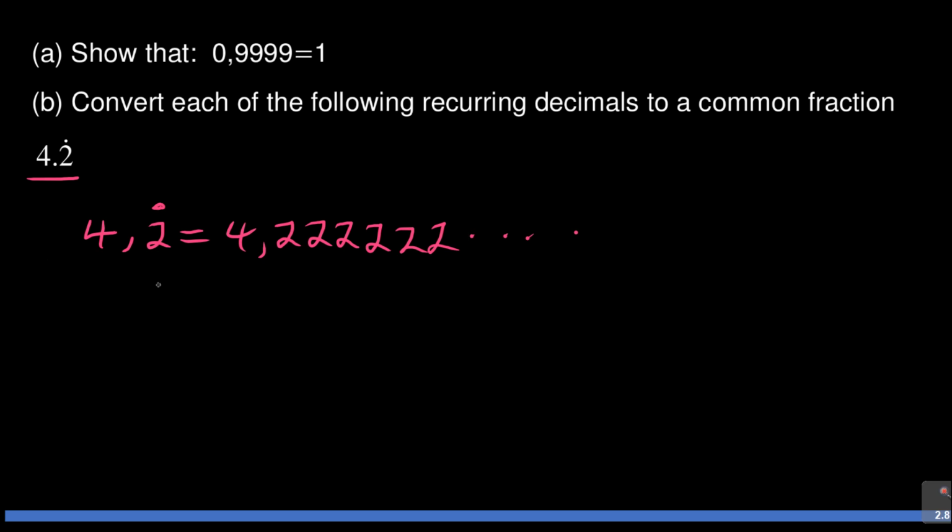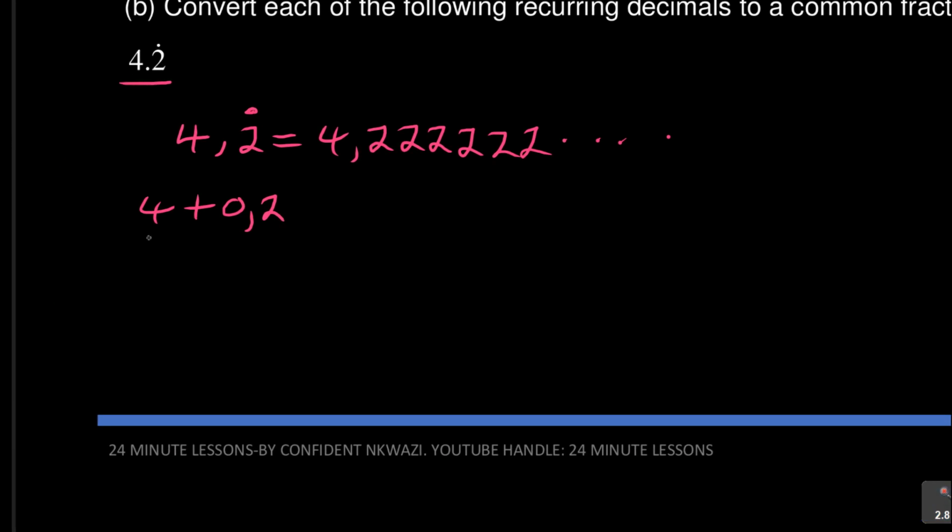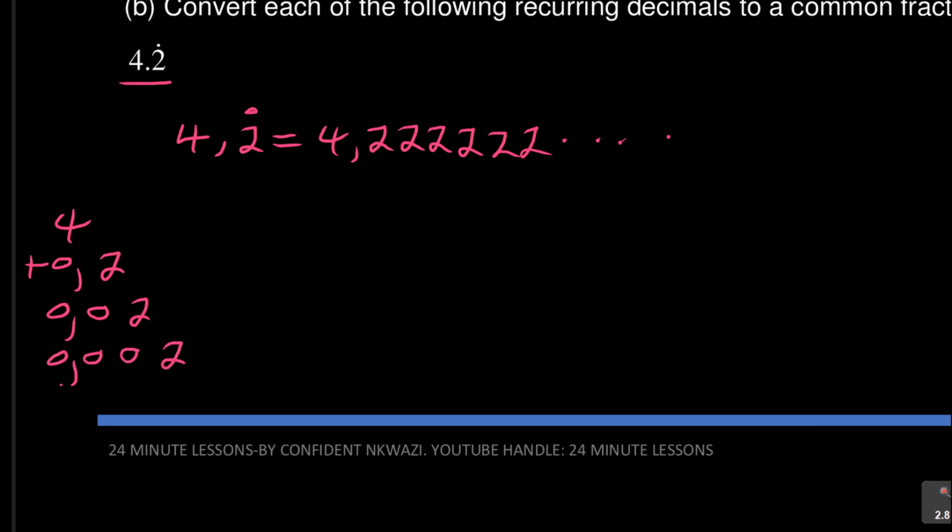Now, how can you write it? Similar to what we did there. You say 4 plus 0.2, and if I write it down for you, you will see it better. 4 plus 0.2 plus 0.02 plus 0.002 plus 0.0002.